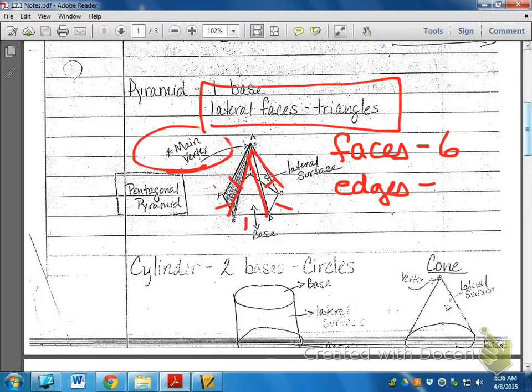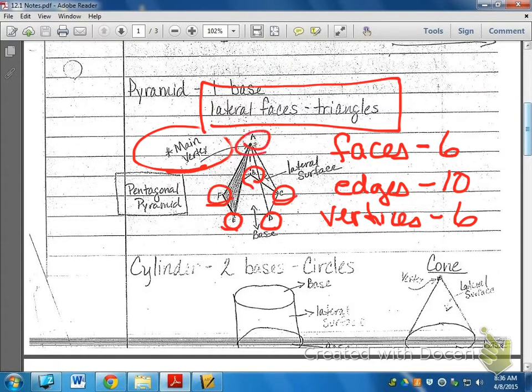Those are all edges as well. So there are 10 edges, 10 lines that you would actually draw if you had to draw that. Okay, what about vertices? How many total vertices are there in this shape? 6. Because there's one vertex at each corner of the base, and then the main vertex that all of the edges are going up to, so 6.